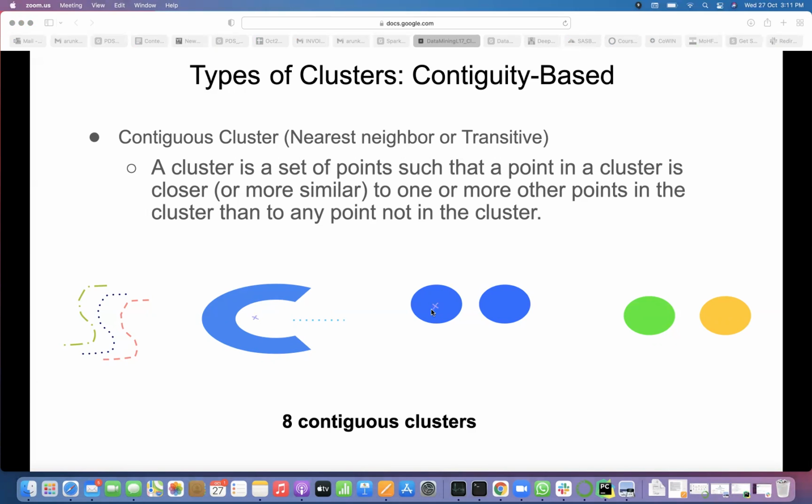Then a point comes here. According to contiguous clustering, which cluster will we assign this point to, this cluster or this cluster? If you go by the distance between centroid and this point, then this distance is smaller than this distance. Do you agree?